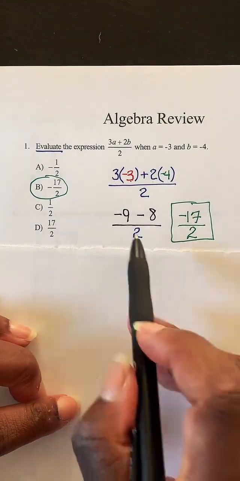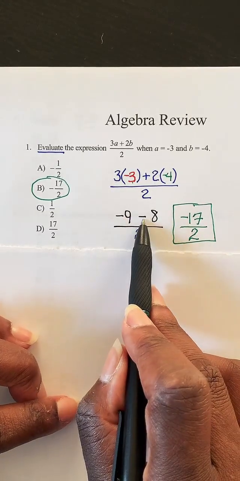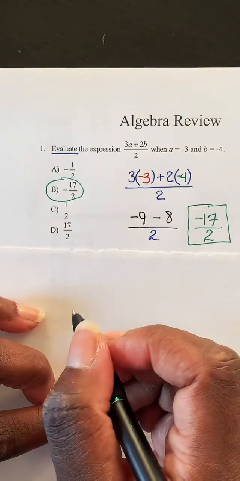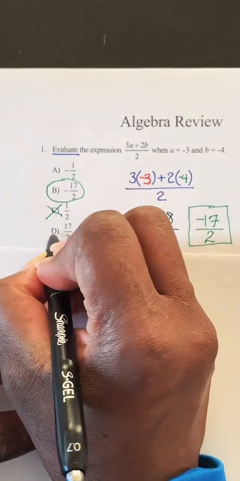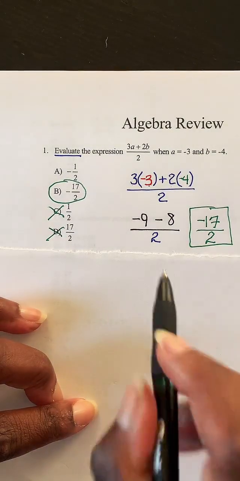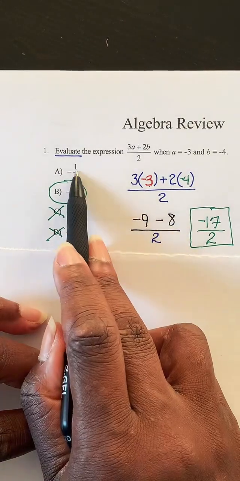Okay? So if you see it right away, I know I have a negative and a negative. That means my numerator is going to be negative. So process of elimination, C and D were going to be out. Okay? So then I know that 9 and 8 is definitely not going to give me a 1.